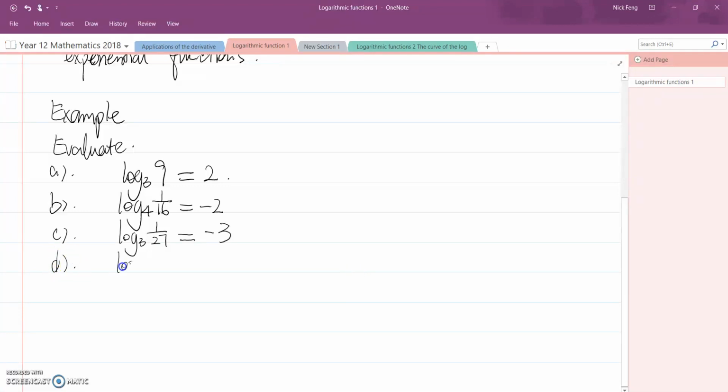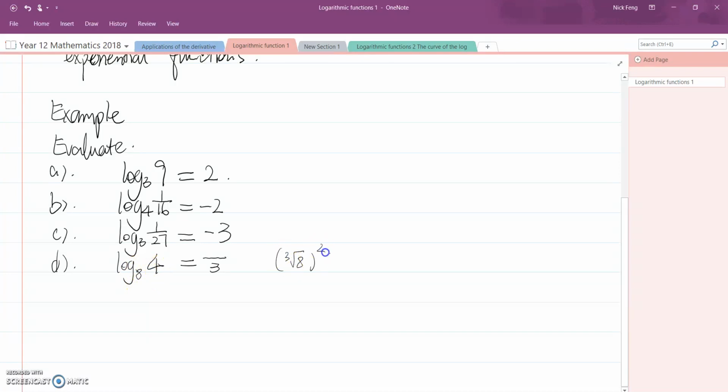And sometimes the question can get a little bit more complicated. For example, log base 8 of 4. What does that equal to? First of all, you need to take 8 to the power of something equals 4. It's not quite easy to imagine, but if you take the denominator as 3, that means you take a cubic root of 8.